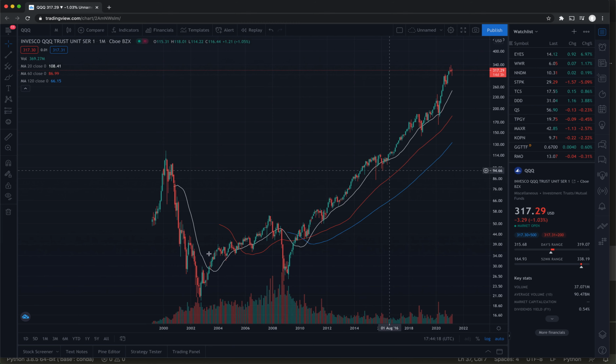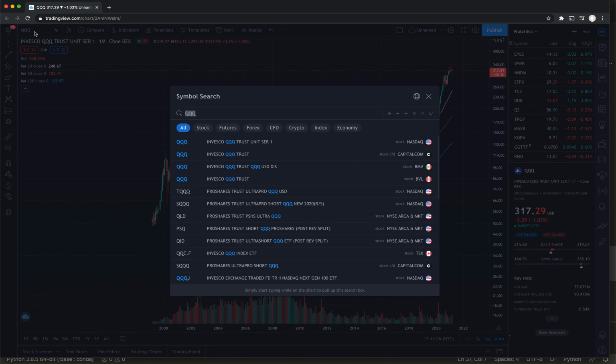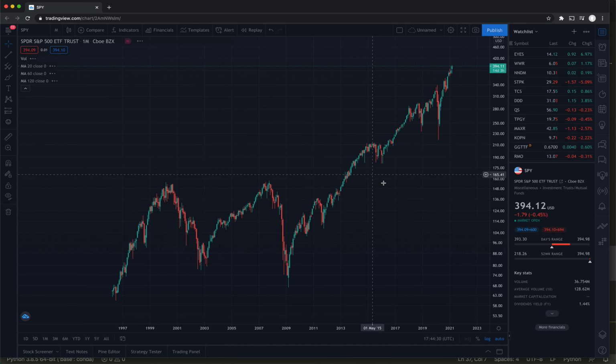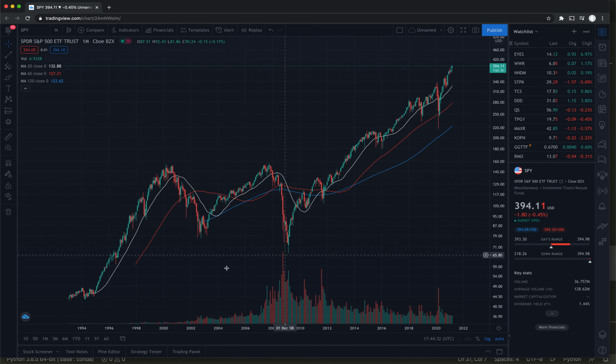If you look at the same period of time, but instead of QQQ, which is exclusively tech stocks, you look at SPY from the year 2000, suppose you buy around 2000 at this particular peak, how long does it take to make you money?